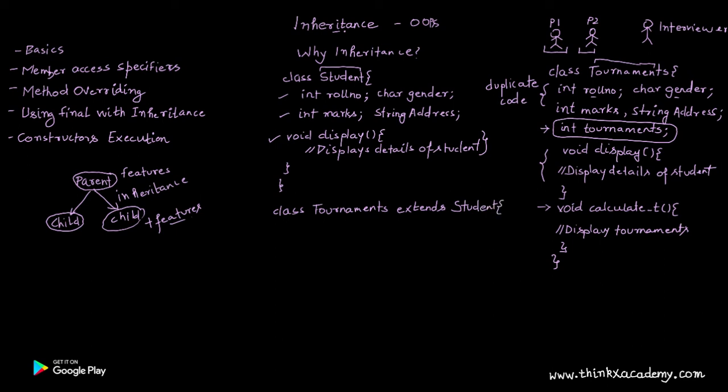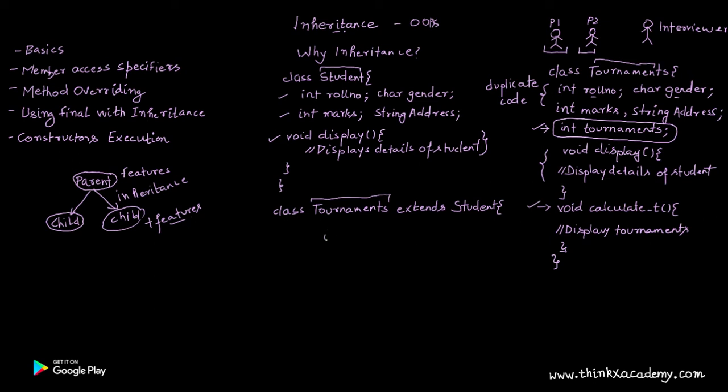So whenever you will create an object of this class tournaments in the main function, you can use that object to access these function and variables. So you do not need to redefine or rewrite them in this tournaments class. What you can do is just write the additional features in this class.